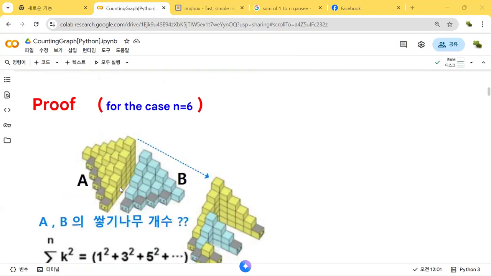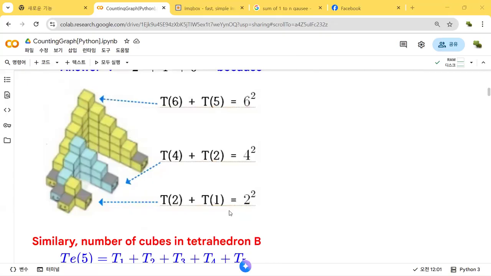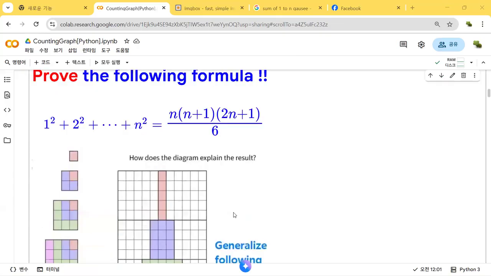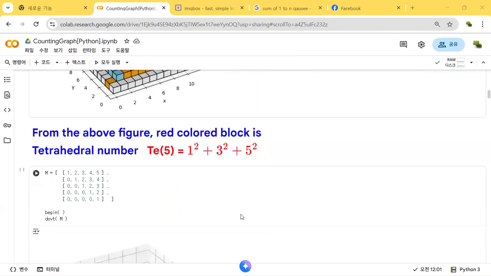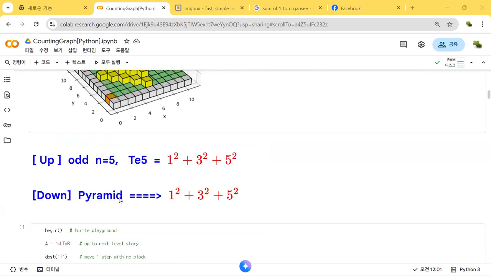The number of cubes is exactly equal to this one. The shape is different, but the number of cubes are the same. So this is the main formula, our goal in homework 2.